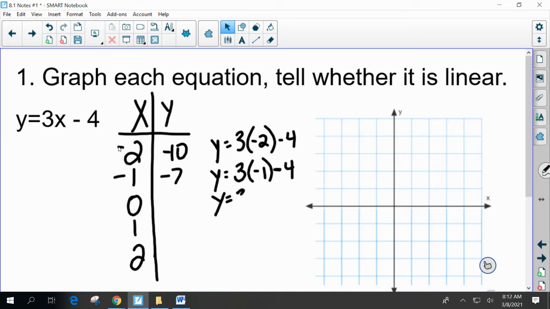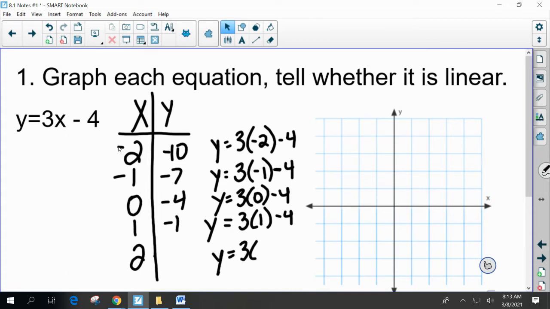Okay, then y equals 3 parentheses 0 minus 4. 0 minus 4. -4. Y equals 3 times 1 minus 4. -1. And 3 times 2 minus 4 would be +2.